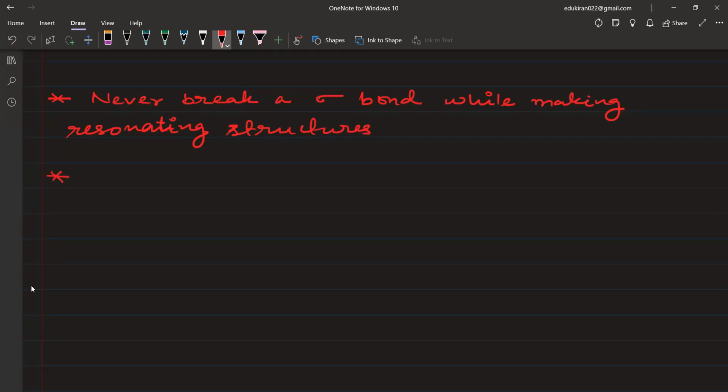Right, next point. First of all, the sigma bond will never break. It is a pi phenomenon, a pi electron phenomenon. Okay. Now write the next point.